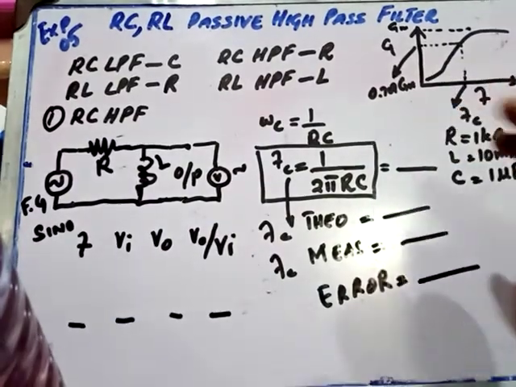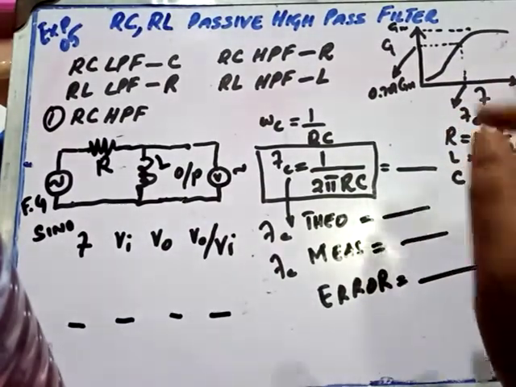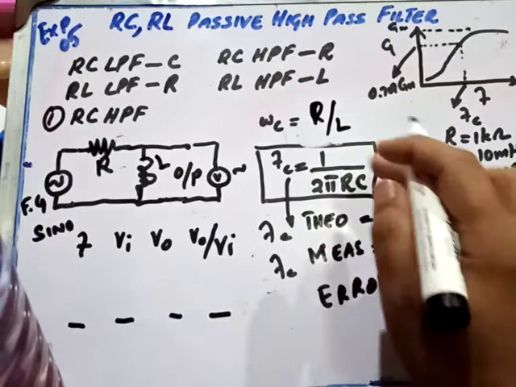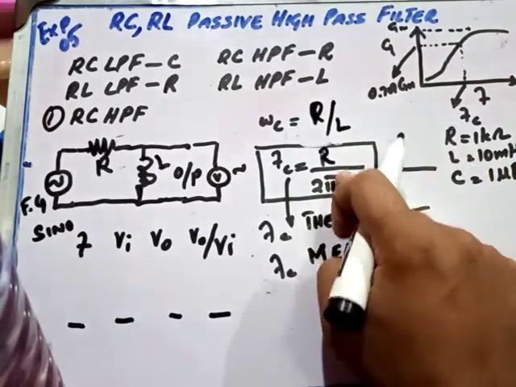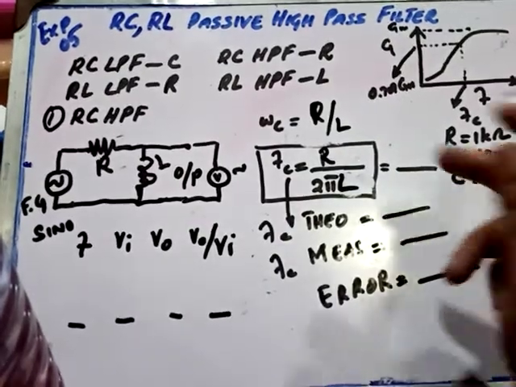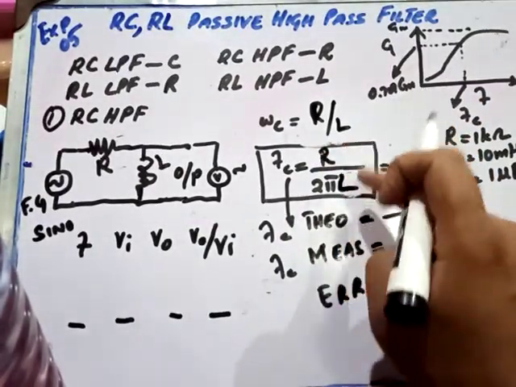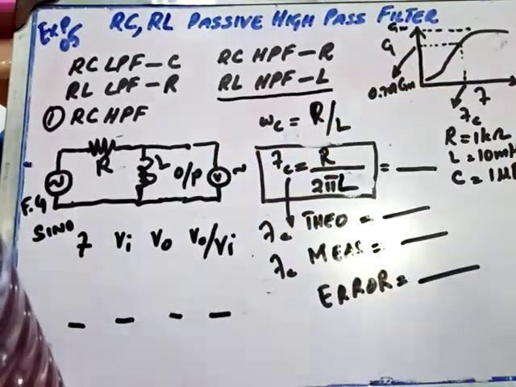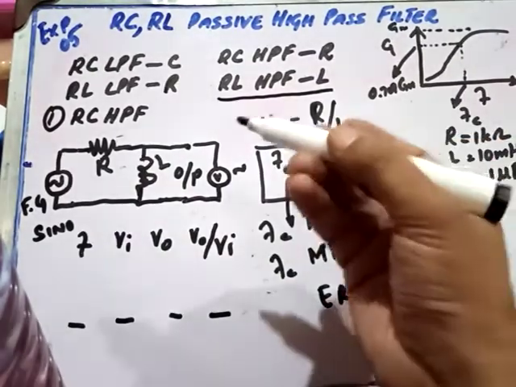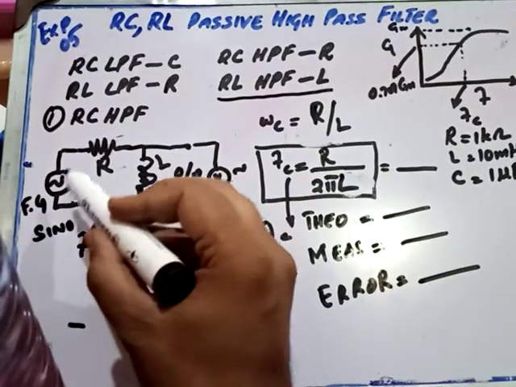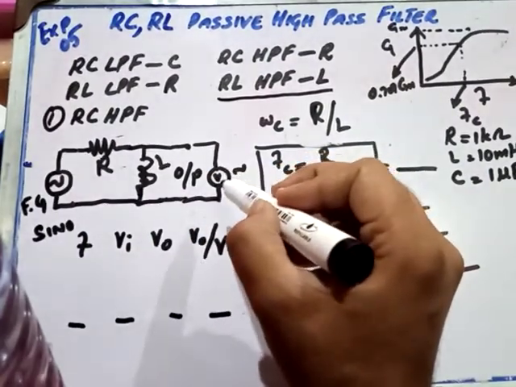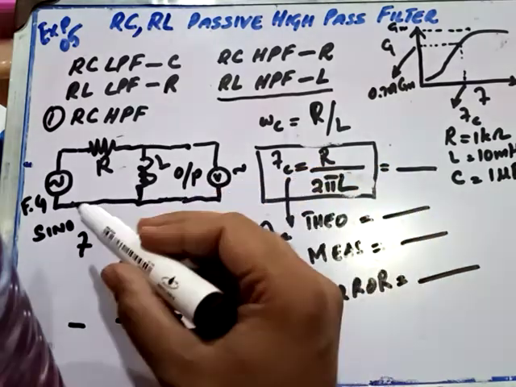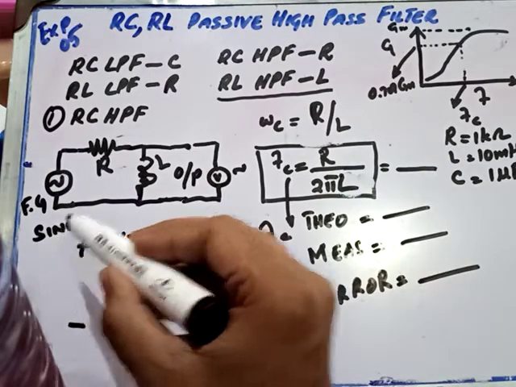You will have the theoretical value of the cutoff frequency making use of the formula omega c is equal to R over L. Correspondingly, Fc is equal to R over 2 pi L. So using the pre-known values of resistor and inductor, you will have the theoretical value of cutoff frequency for the RL passive high pass filter, and repeating the experiment, that is connecting the function generator and obtaining the output using the DMM as a voltmeter in AC mode, making sure that your function generator is producing the sinusoidal waveform.